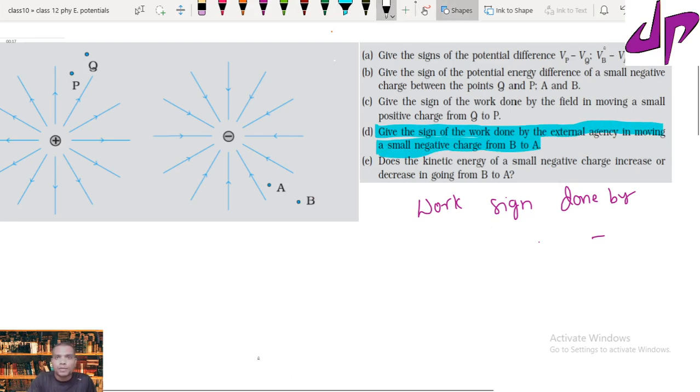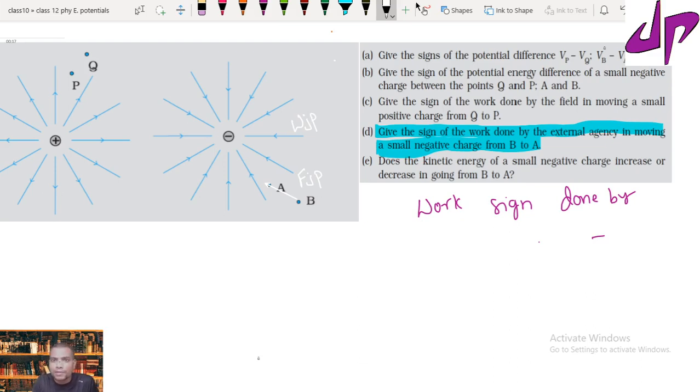As usual, take the help of displacement. This time the external source is doing work, so it means I am applying a force, so I am doing work.